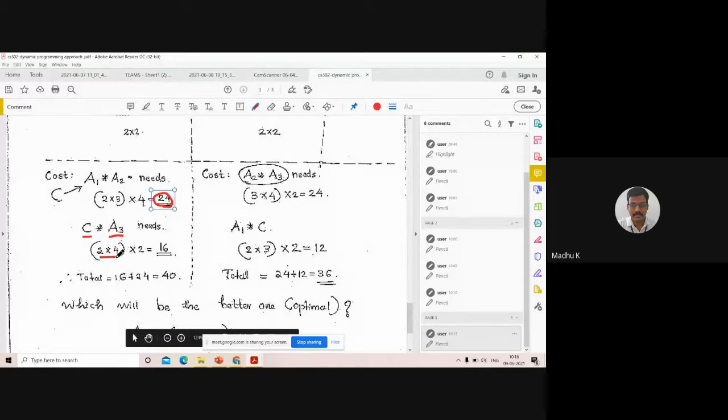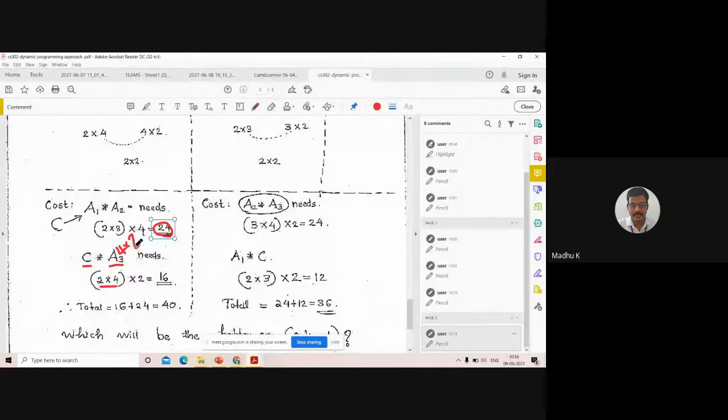C's order is 2 by 4, which should be multiplied with a3. A3's order is 4 by 2.